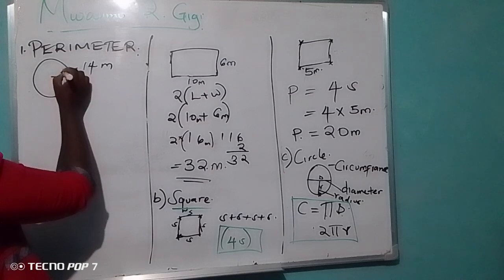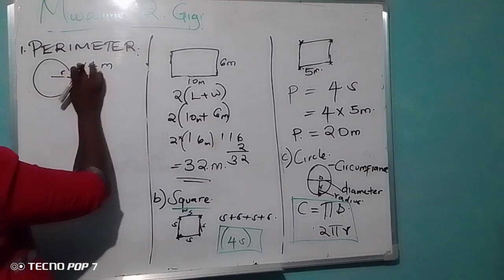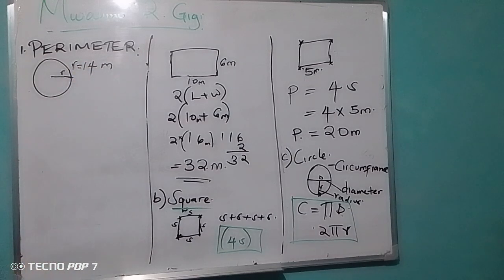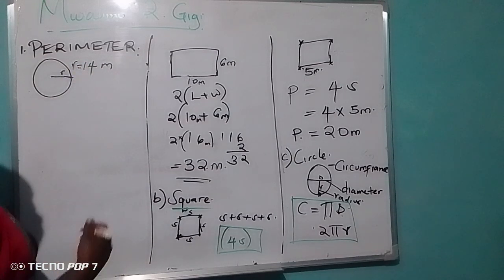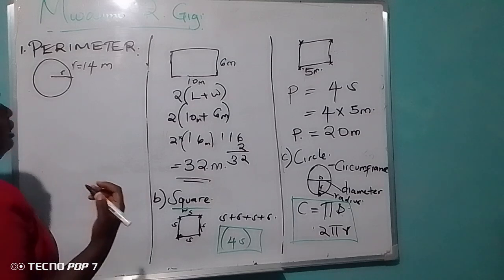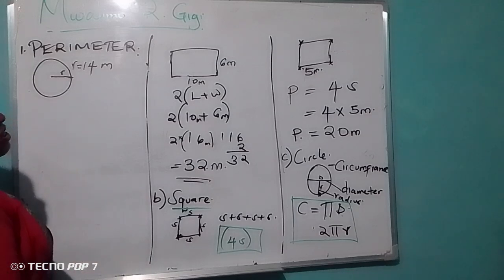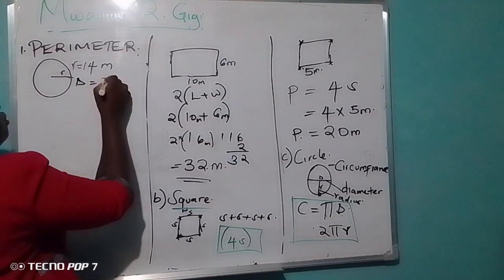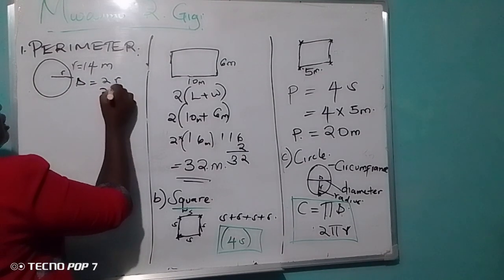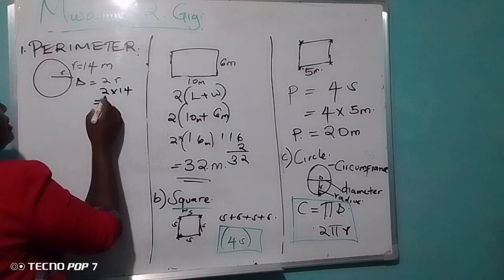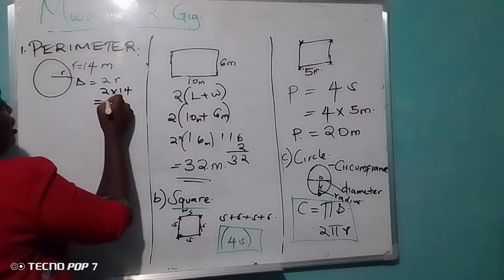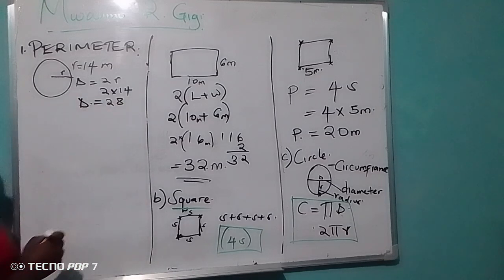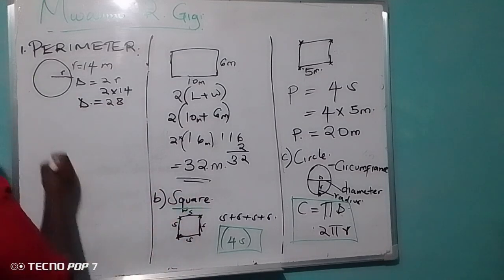So r is equal to 14. So in this case, kama r ni radius, to find the diameter utafanyaje? So d is equal to 2r, sindio? So it's 2 times 14. Kumaanisha diameter ni 28. Sawa. D is 28.